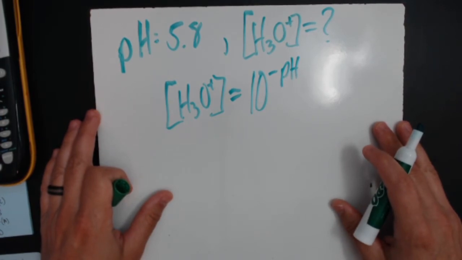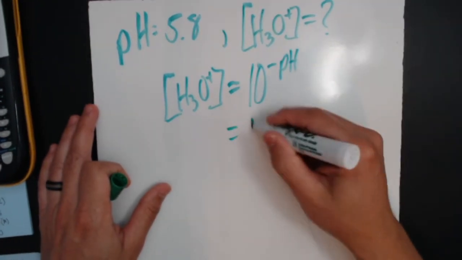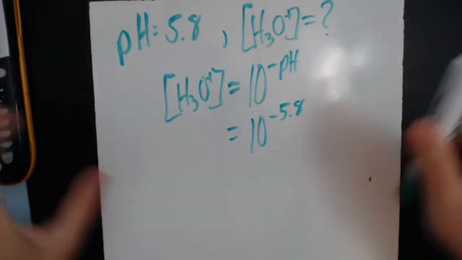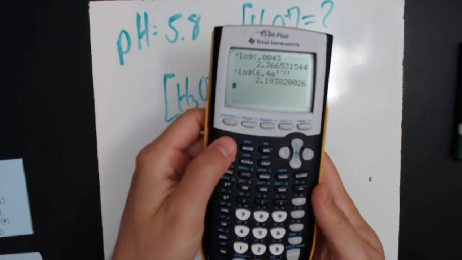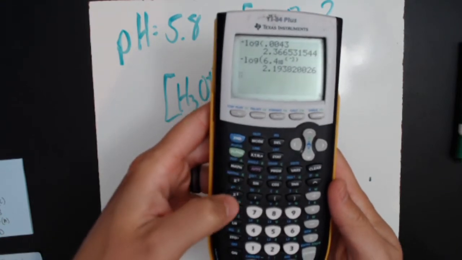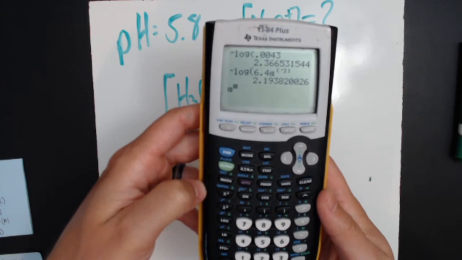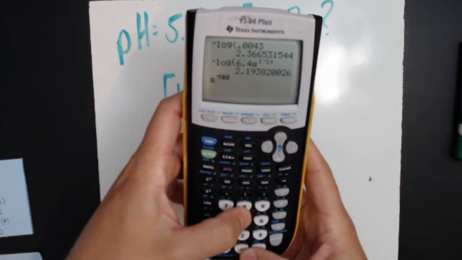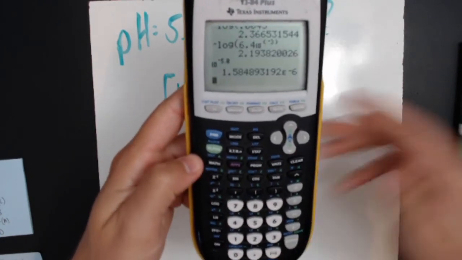This is pretty straightforward. We're given pH, 10 to the negative pH. That's all we have to do here. So 10 to the negative 5.8. Alright, so going back to our calculator here, we hit second, and the log button gives us the 10 to the whatever. Then we just type in negative 5.8. Oh, forgot the decimal. Enter.